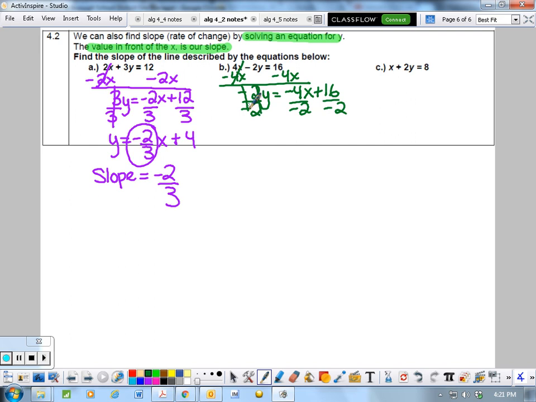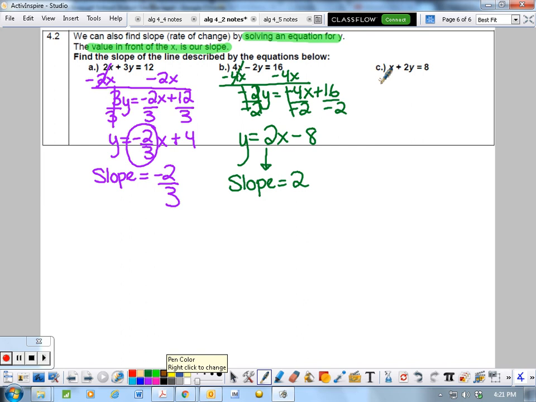So the 2's cancel, the negatives cancel, and now I have y. Here my negatives cancel, 4 divided by 2 gives me 2, and 16 divided by negative 2 gives me negative 8. So now I have a slope of 2, or a rate of change of 2, or a speed of 2. So all things that we've seen that we're reiterating over and over.